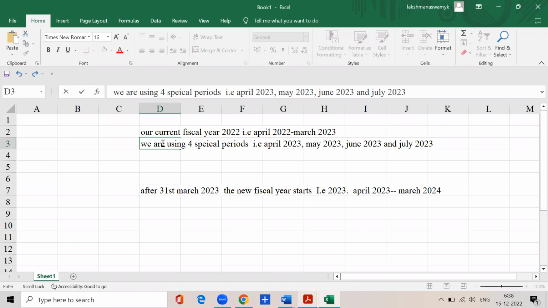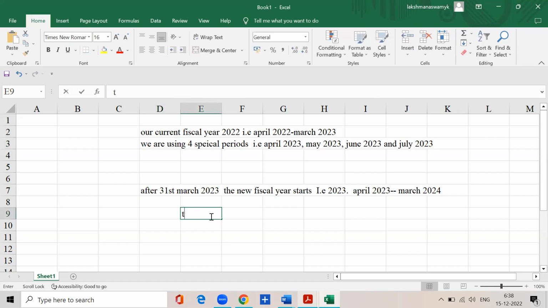These special periods are used to post the adjustments to the previous books of accounts for the purpose of preparing financial statements. And our new fiscal year also started, that is 23, April 2023 to March 2024.